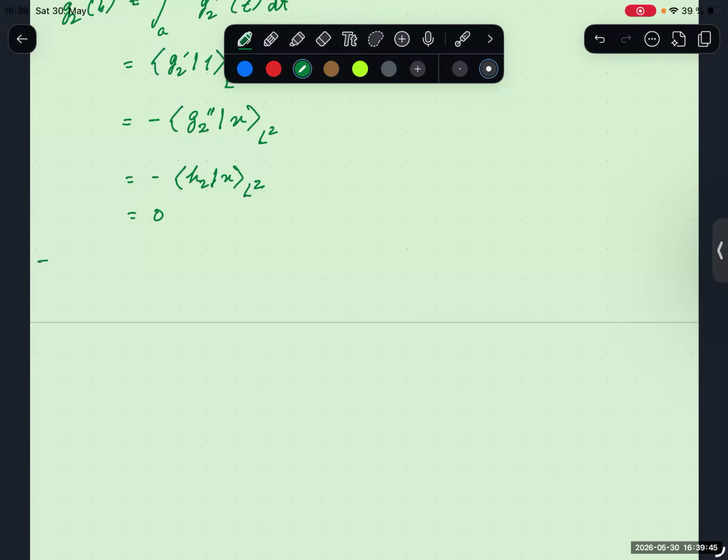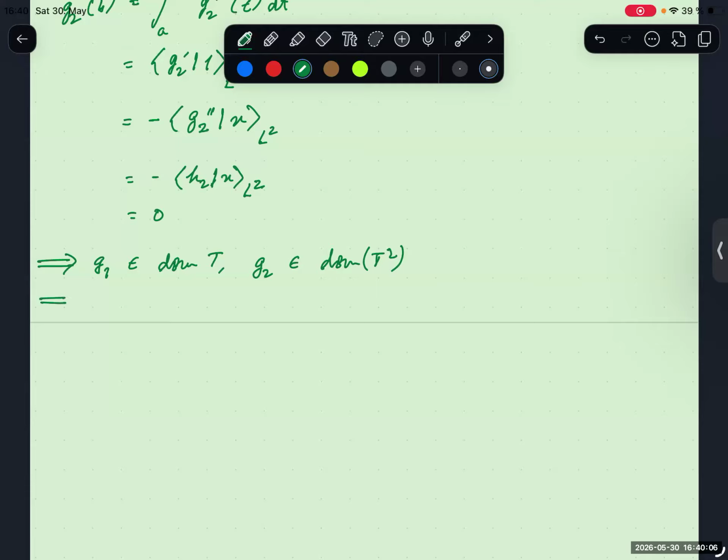So what have we shown? We have shown that G1 is in the domain of T and G2 is in the domain of T square.